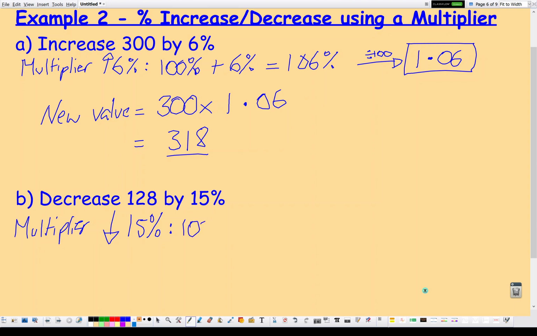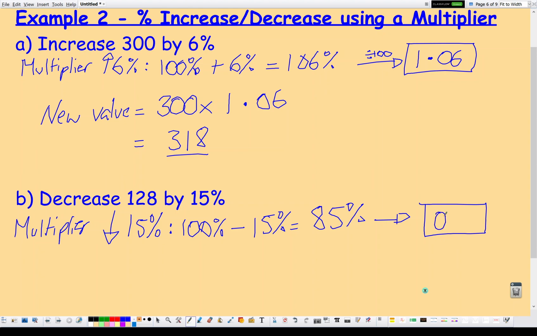So it's 100%, that's where we're starting, and we are taking away 15% this time. So if we decrease by 15%, that means there's 85% left. What is 85% as a decimal? Divide it by 100. It's not going to be 1 point something, it's going to be 0.85. Okay, 85%, 0.85. 85 divided by 100, 0.85.